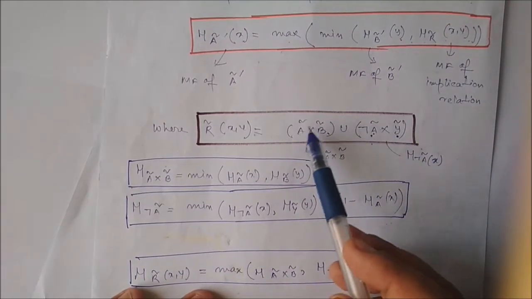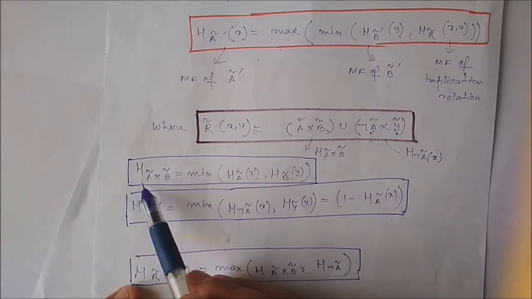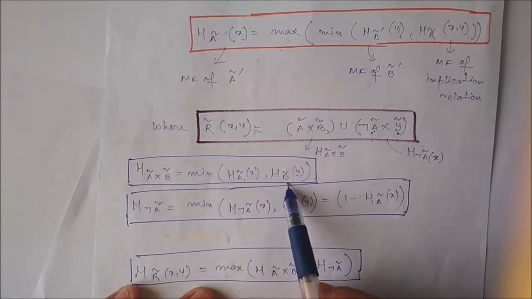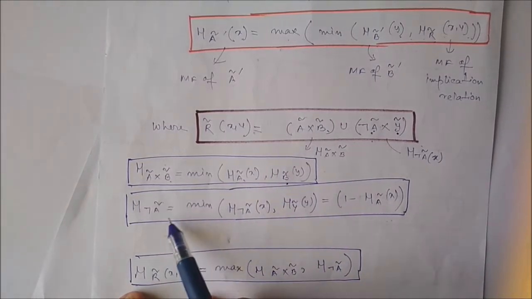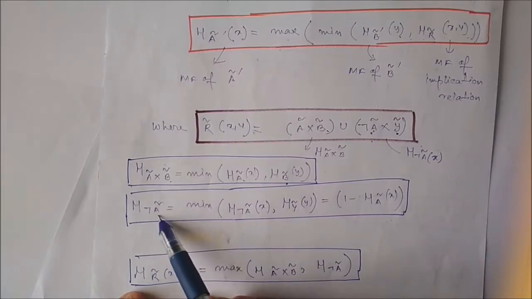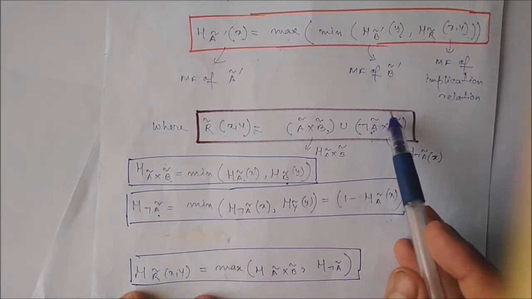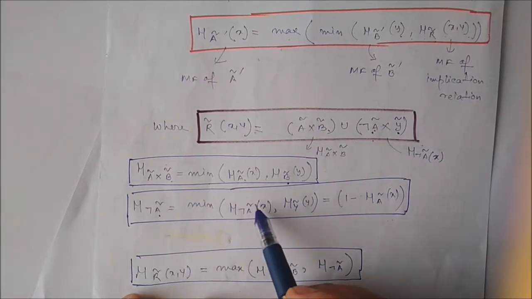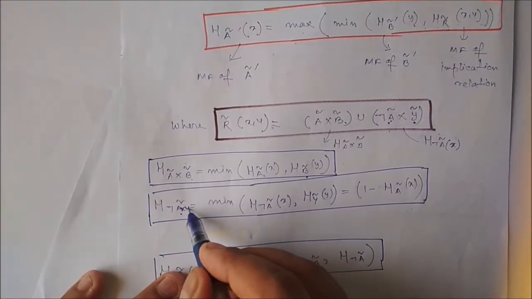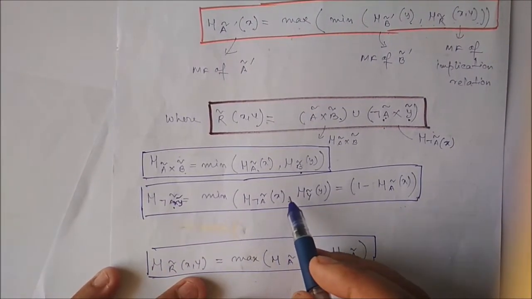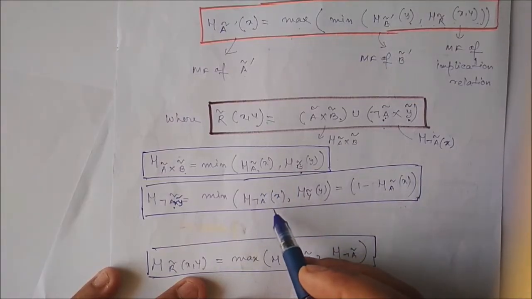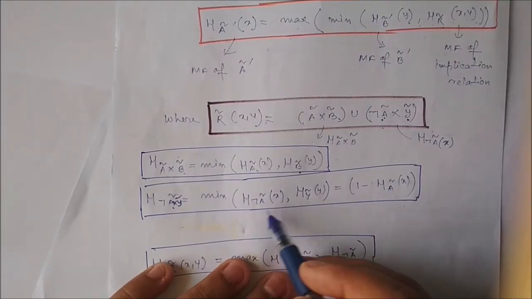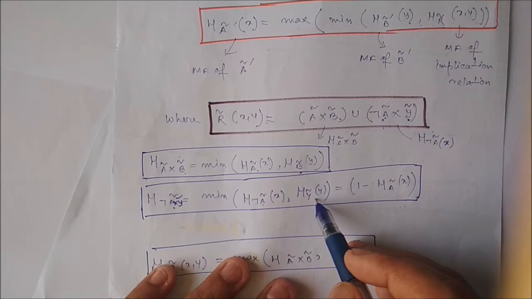To calculate this formula, we may use the following. mu A cross B is nothing but the minimum between mu A and mu B. And to get the membership value of not A, we can write it this way: the minimum between the membership value of the complement of fuzzy set A and Y, which is the universal set.